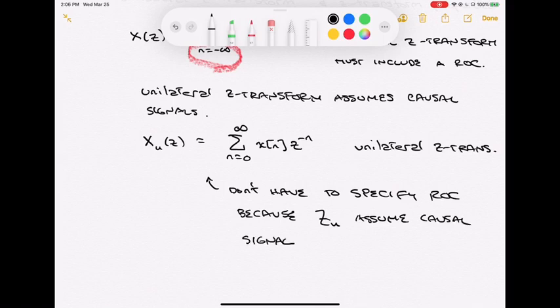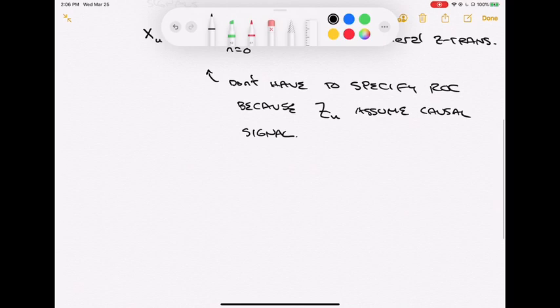Because of that underlying assumption, you wouldn't have a left-sided signal in it. They would only be right-sided, and from that, we can infer a region of convergence. Standard practice then is to go ahead and compute the unilateral transform. Even though a region of convergence can be specified and doesn't hurt to specify it, many people do not specify it just because you can infer it from the fact that we're dealing with the unilateral transform.